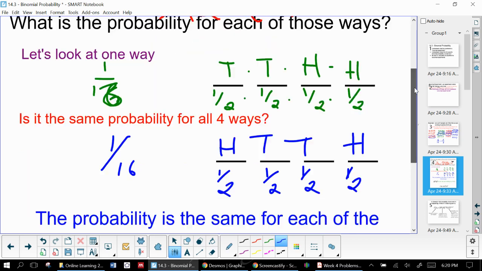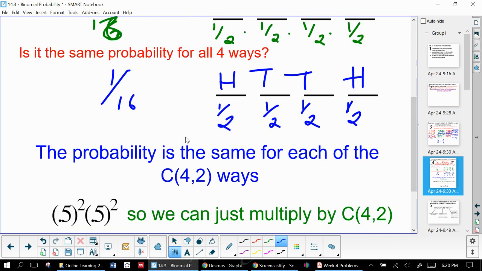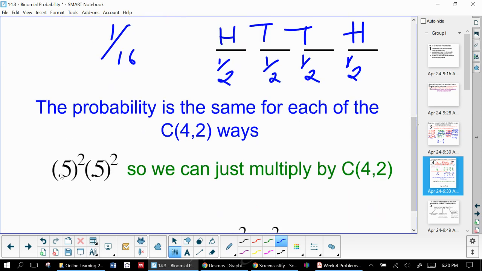So all we're really doing here is multiplying the probability that one of them happens by the number of ways it can happen, which we saw was 4 choose 2. And so in our case, we've got our 1/16 times 6, which gave us our 6/16.